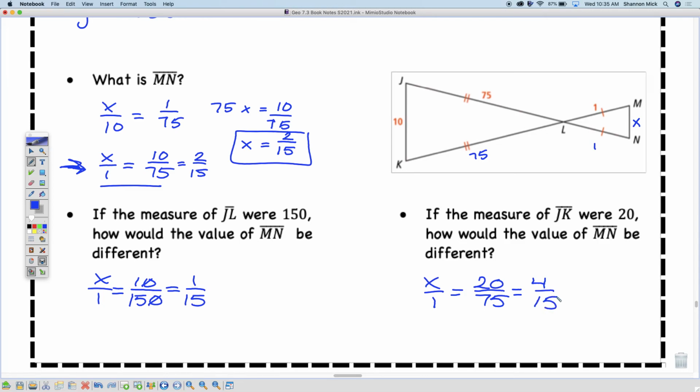So I want to look at all these. We started out with 2/15, yes? And then it went to 1/15. And then it went to 4/15. Well, what did I do to 75 to get to 150? 75 times what gives you 150? 2.